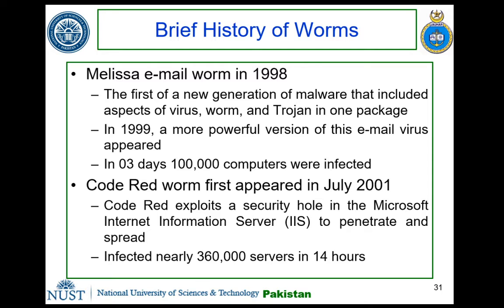The next is the Code Red worm, which first appeared in July 2001. Code Red exploits a security hole in the Microsoft Internet Information Servers (IIS) to penetrate and spread. It infected 360,000 servers in 14 hours.